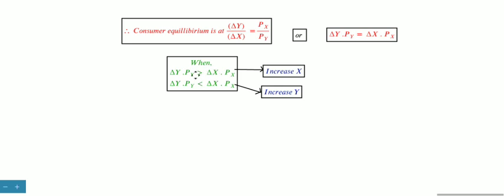Suppose the consumer equilibrium is not there, that is when delta y into py is greater than delta x into px, we have to bring equilibrium by increasing the commodity x. That is, we have to increase the consumption of x, that is mango in our case. And in the situation where delta y into py is lesser than delta x into px, we have to increase the y, the guava.